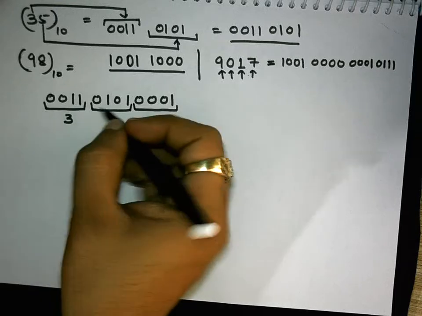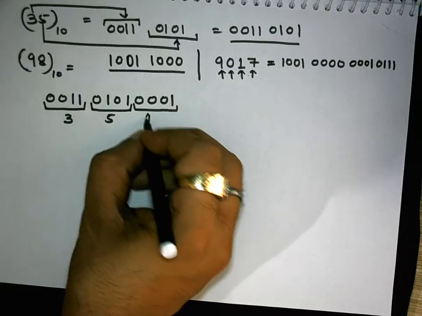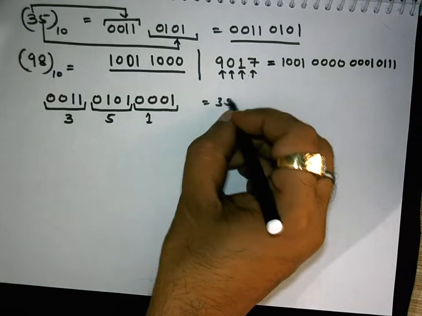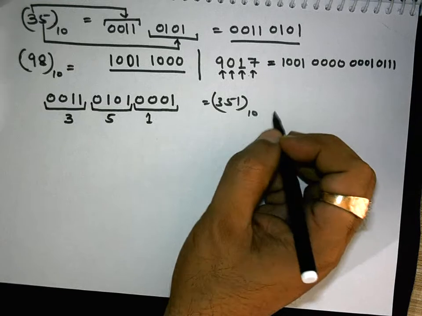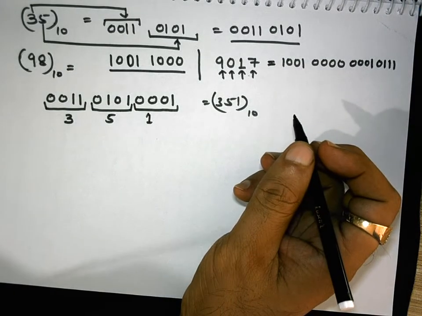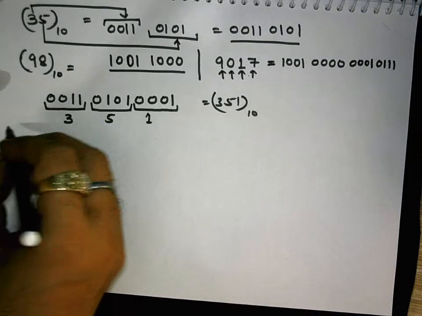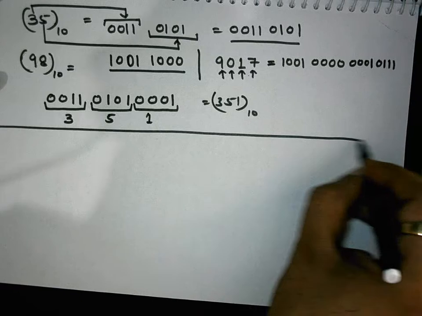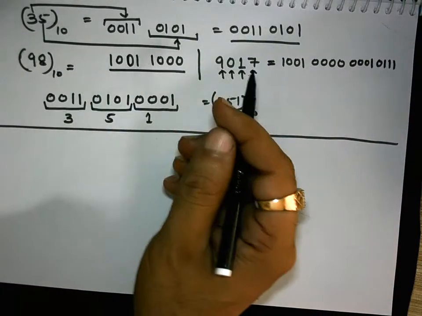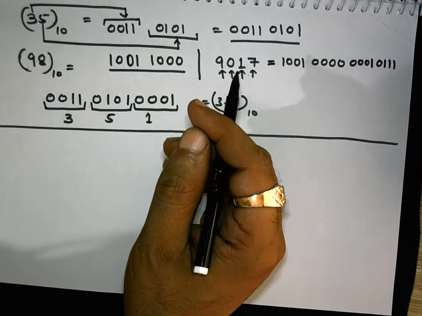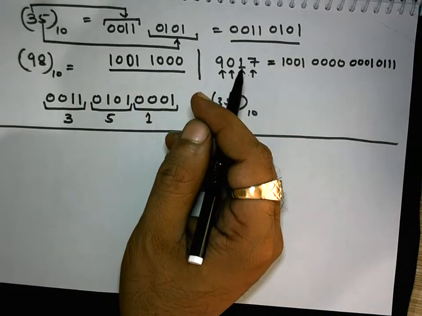This means this is 3, this is 5, and this is 1. So this is 351 in decimal. This way you can obtain the equivalence between decimal and BCD. BCD is nothing but the binary coded representation of decimal.